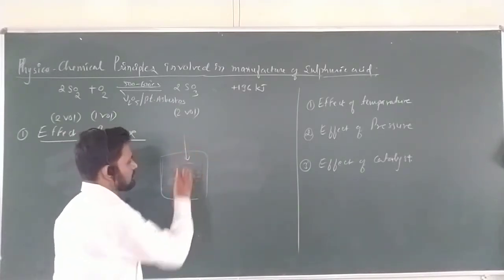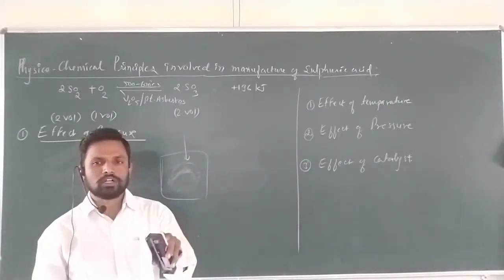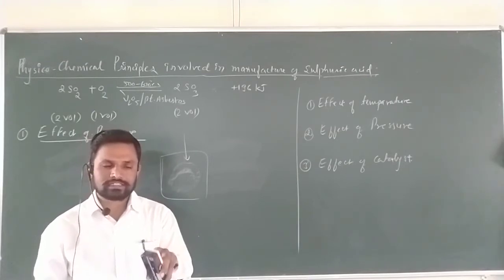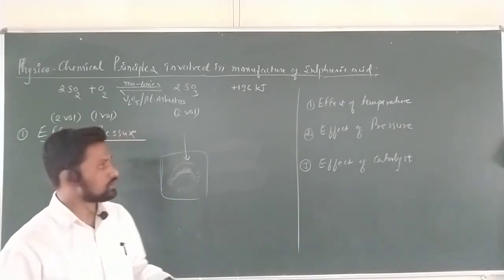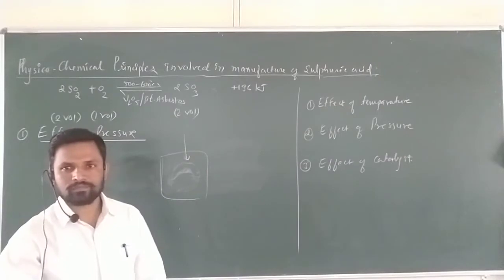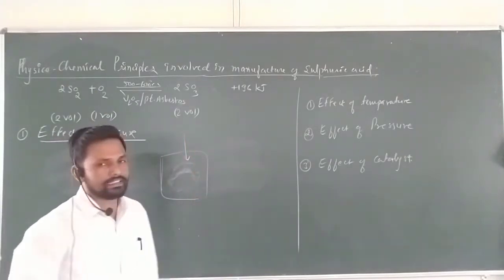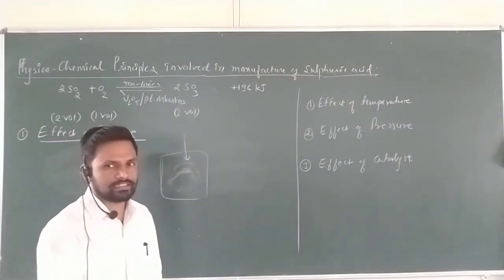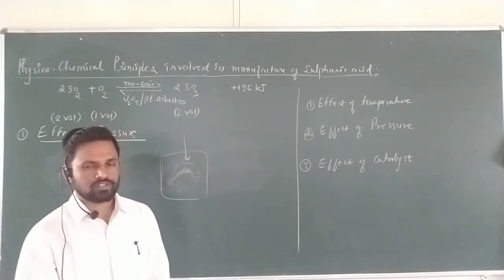As the pressure increases, the collision between the molecules increases, so there is more formation of the product towards the right hand side, that is, the equilibrium shifts towards the right hand side.